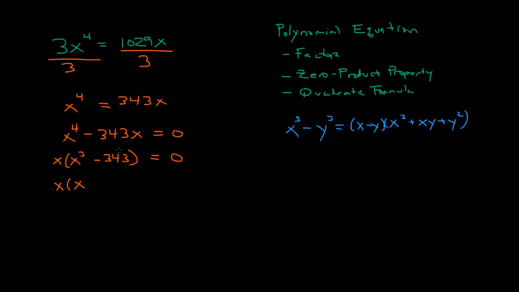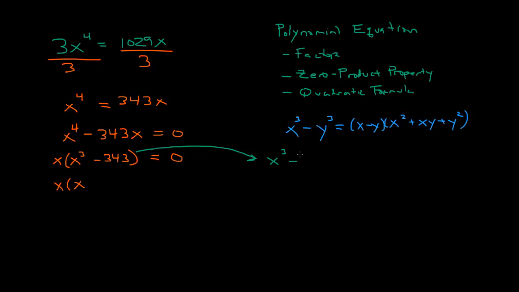Oh, you know what? I haven't written this in the sum of two cubes yet. So we could say that this is x cubed minus, now what's the cube root of 343? What times itself 3 times is 343? 7 times 7 times 7, I believe. Yeah, that's 7 cubed.